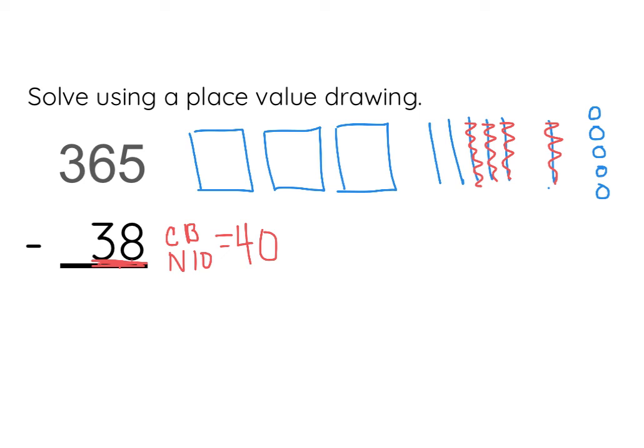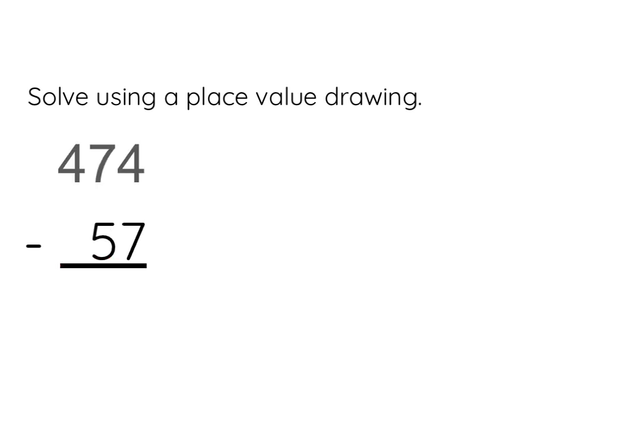Now again, we didn't need to subtract 40, only 38. So I'll put 2 back. So my answer is 327. And again, you can add that to check. 300 plus a 50 plus a 15 equals 365.